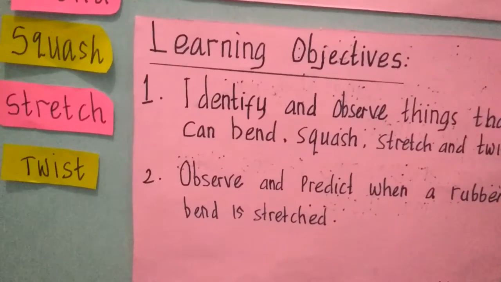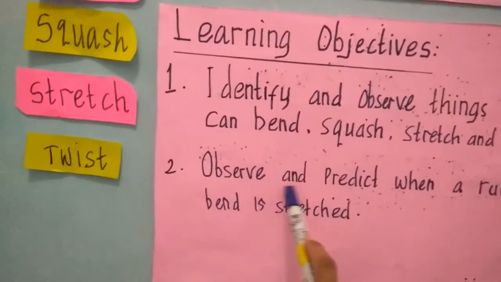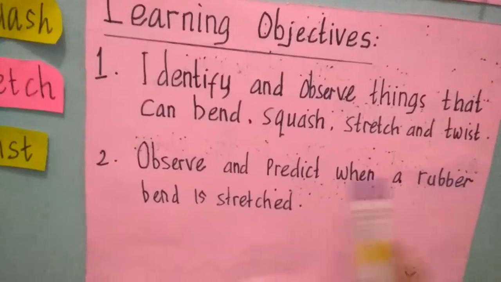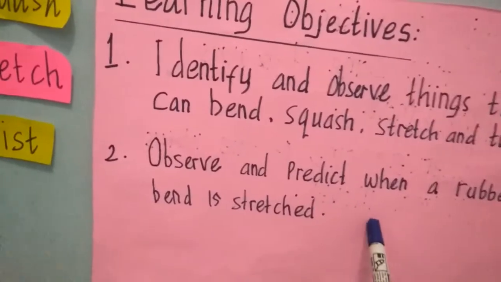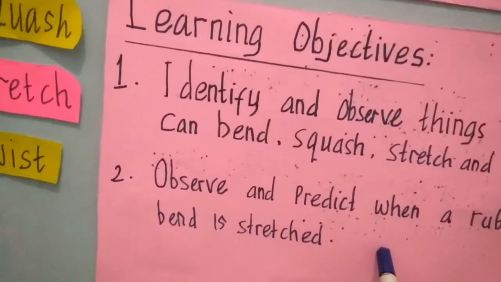Move to the second learning objective. Observe and predict when a rubber band is stretched. I will try to do something with my rubber band. Look at my rubber band. I'm going to stretch it by pulling its ends.